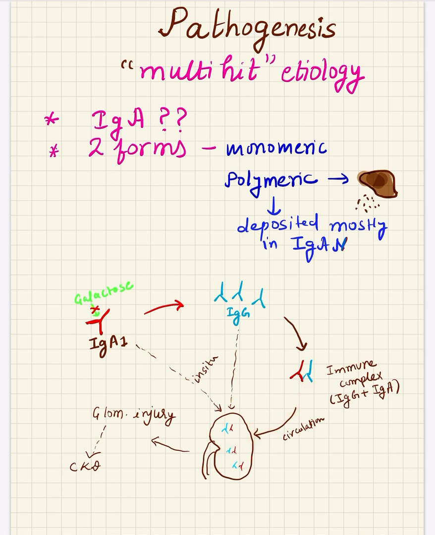When these deposits get deposited in the mesangium, that will lead to glomerular injury due to various mechanisms like complement activation, leukocyte infiltration, and cytokine secretion. There will be glomerular injury followed by healing with fibrosis, and repeated cycles over a long period of time can lead to chronic kidney disease or even end stage renal disease.